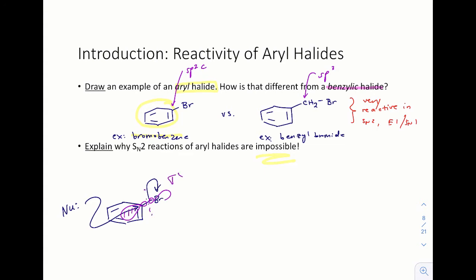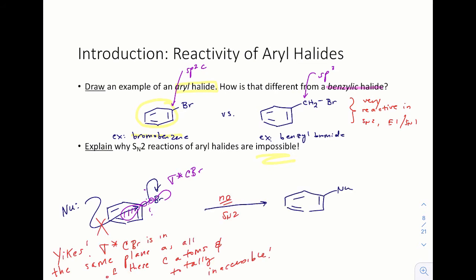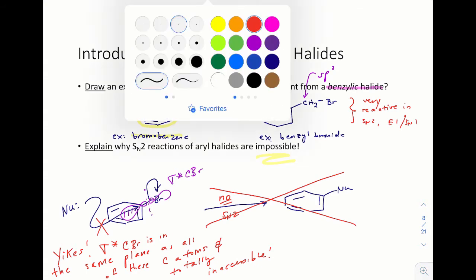It cannot be attacked by a nucleophile. That nucleophile is very much repelled by the electron clouds of all these carbons in the same plane as sigma star C-Br. Yikes. So once again, we can chant together, no SN2 on sp2 carbons.